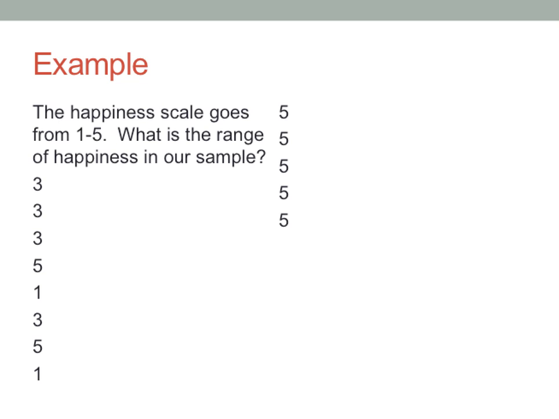Truthfully, range is most of the time fairly useless because it is so sensitive to outliers. It's not something that is oftentimes reported in papers. Truly, the best time that range comes up is when you are dealing with data sets such as SPSS, and you can just check to see if you've accidentally entered something.